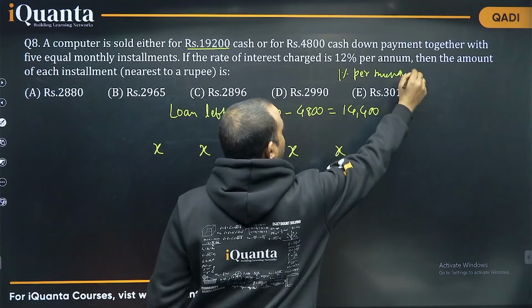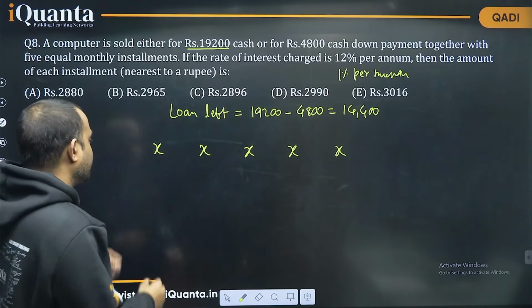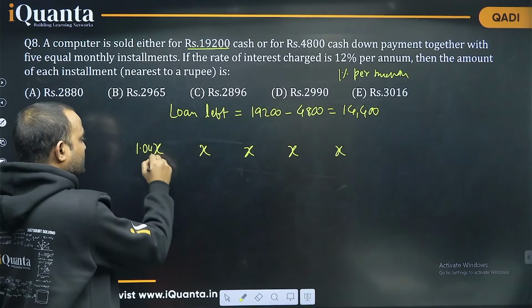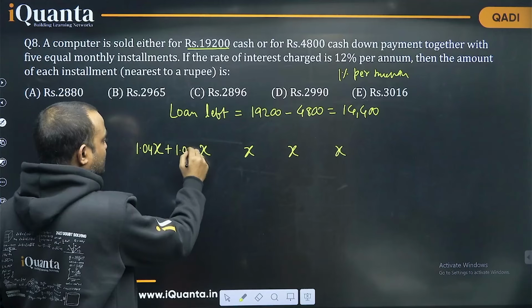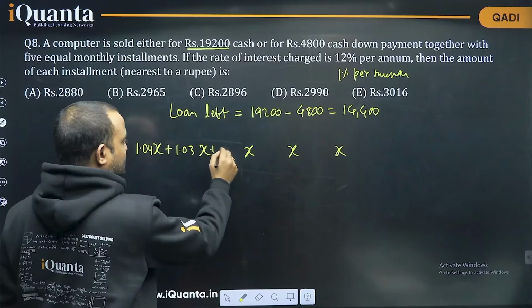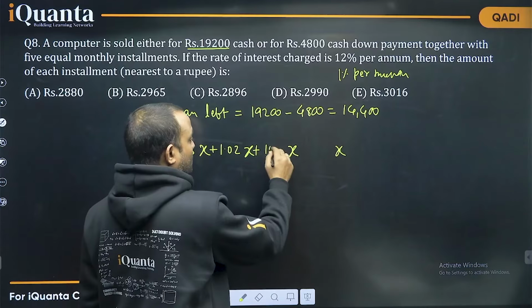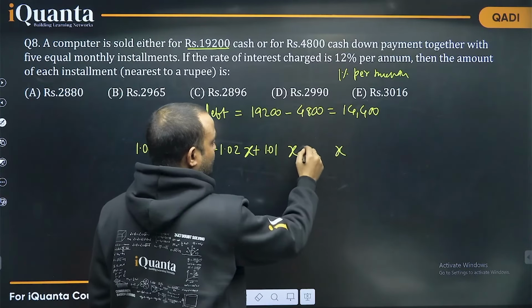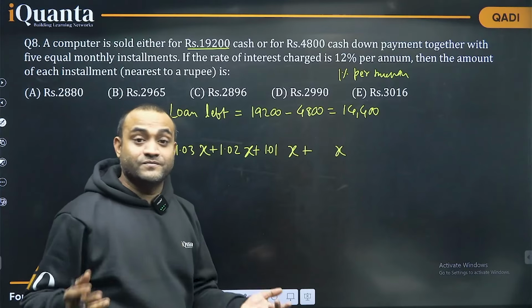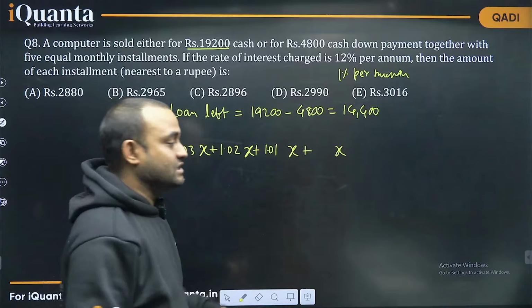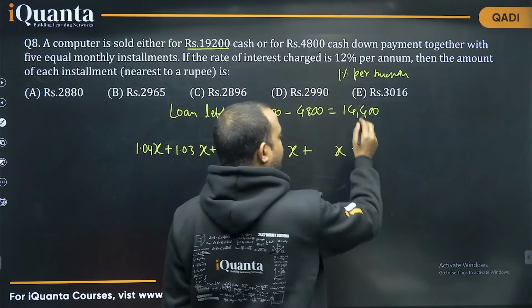So 4% interest will be added to this. So this will become 1.04x, and 3 months interest will be added to the second installment. 2 months interest will be added to the third. 1 month interest will be added to the fourth installment, and as soon as the fifth installment is paid, the loan is cleared. And this should be equal to the future value of the loan.